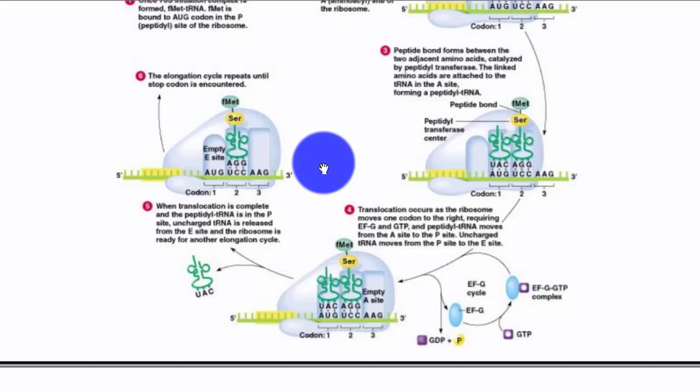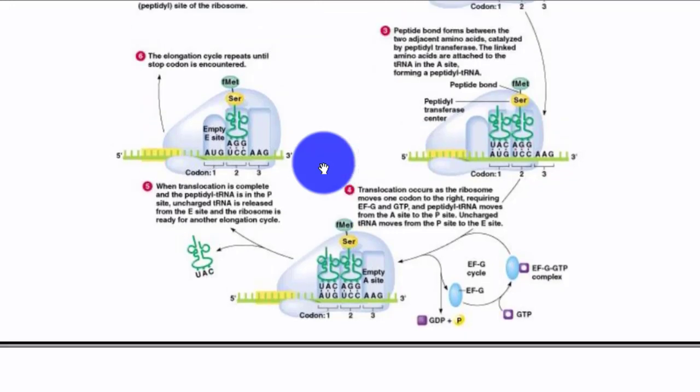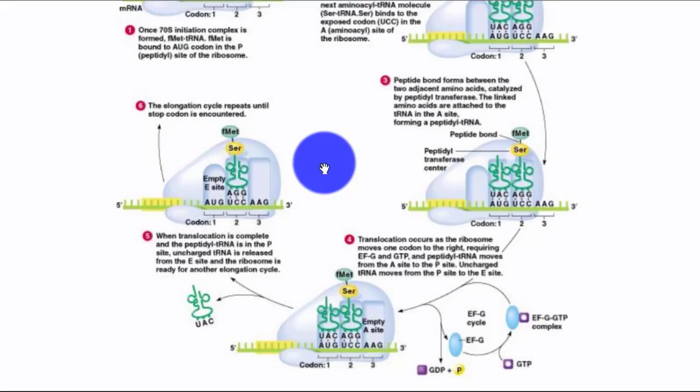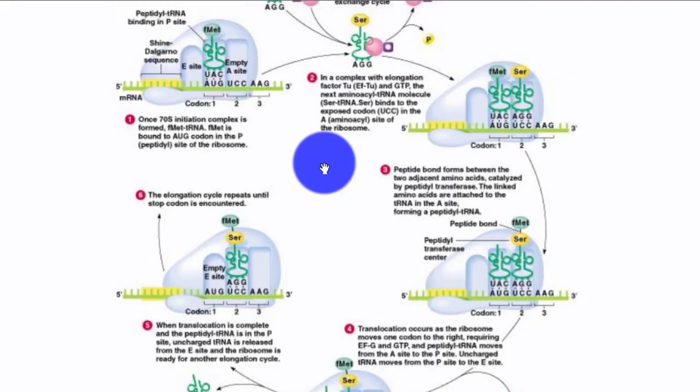Translocation occurs as the ribosome moves one codon to the right, and when translocation is complete, the peptidyl transfer RNA is in the P site, and uncharged transfer RNA is released from the E site. The elongation cycle repeats until a stop codon is encountered.